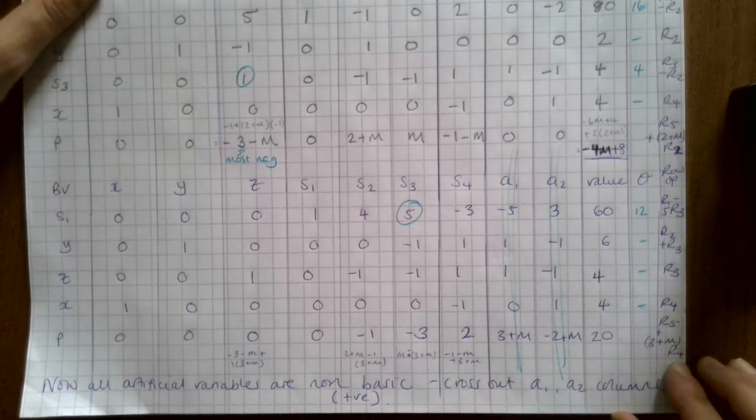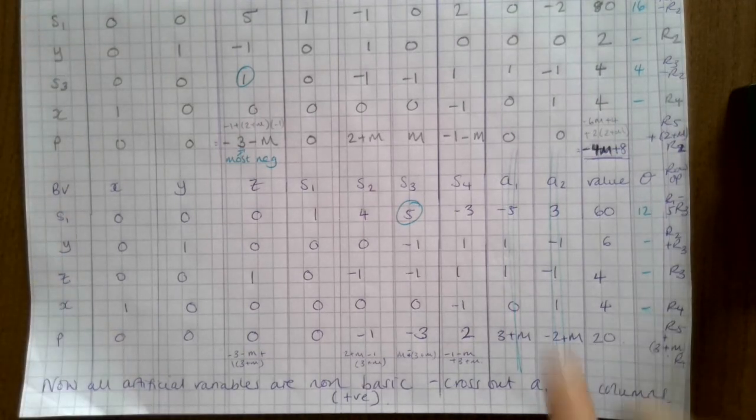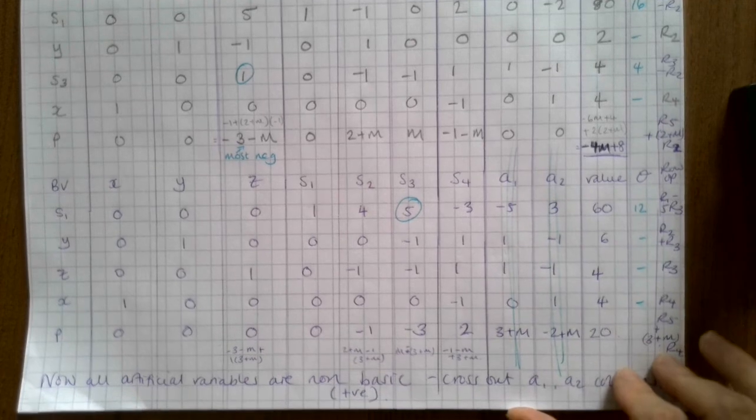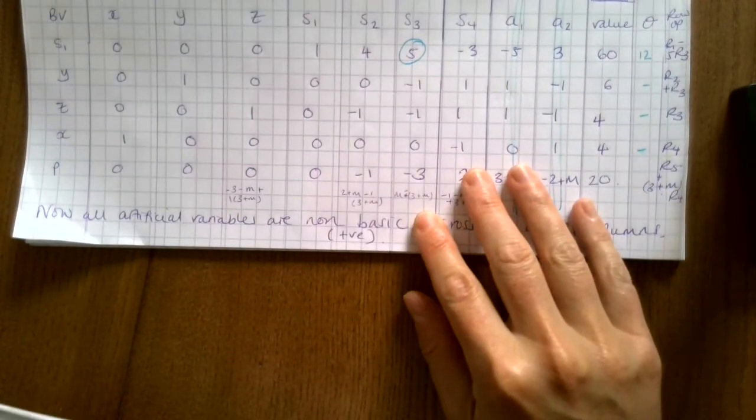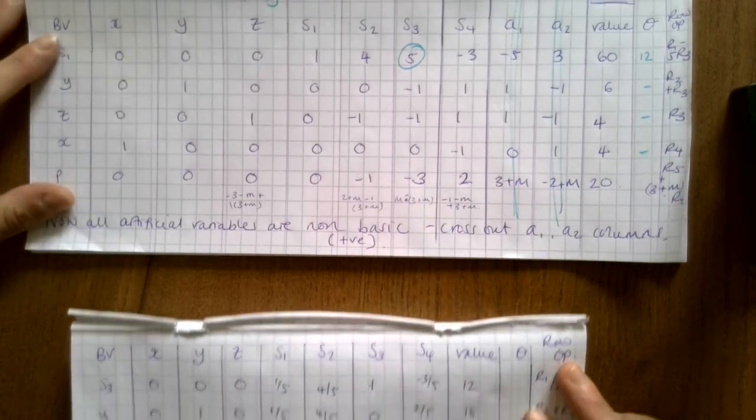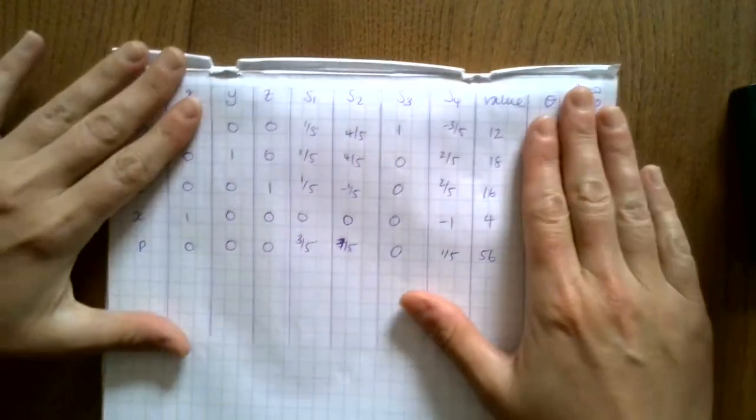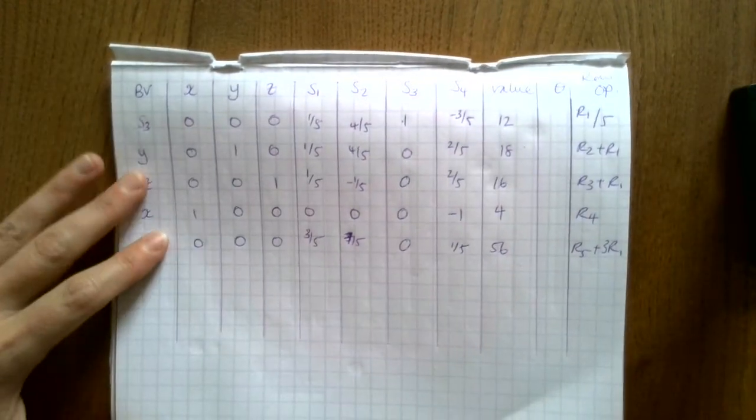So if we cross out this column and this column, we actually only need to do one more iteration here. Okay, we end up with this. So this is our last one.